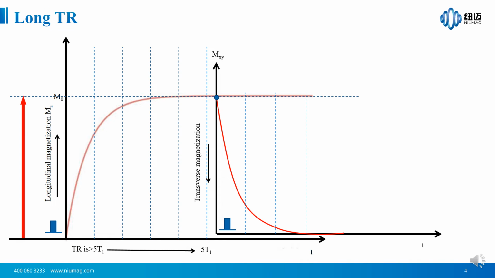At this point, we apply a second 90-degree pulse and get the same signal as the first applied 90-degree pulse. Then wait for TR time before the third pulse, and the situation is still the same. This means that only if the TR is long enough, the NMR signal obtained after each applied 90-degree pulse is the same.